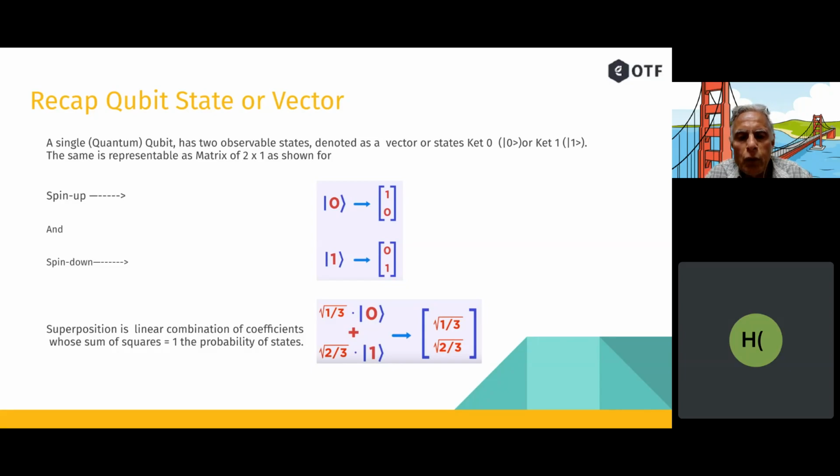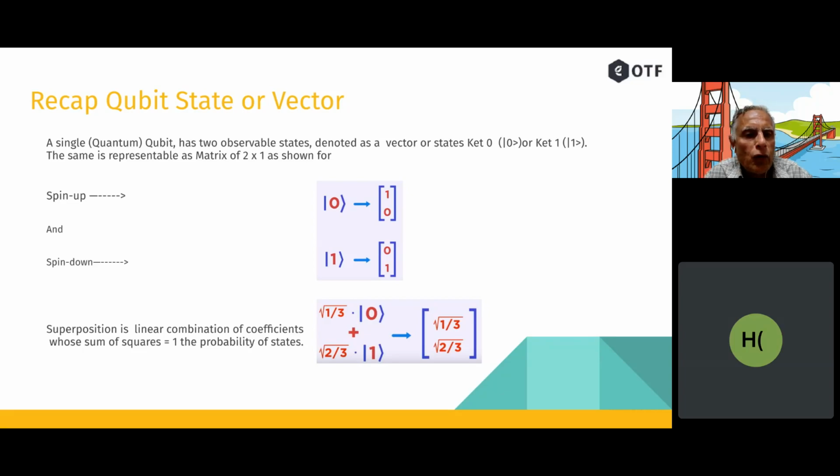If you take the square of root 1/3 and root 2/3 and add them, you will find that it equals 1. So the probability of the state collapsing to one or the other is root 1/3 and root 2/3 in amplitude, and when you square, of course, it will be 1/3 and 2/3.